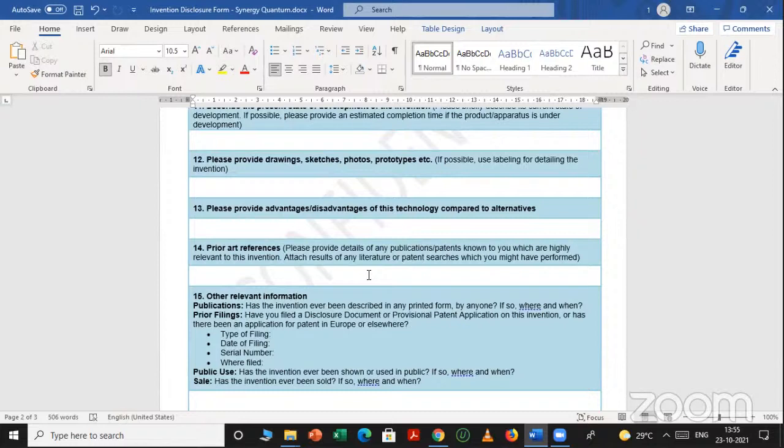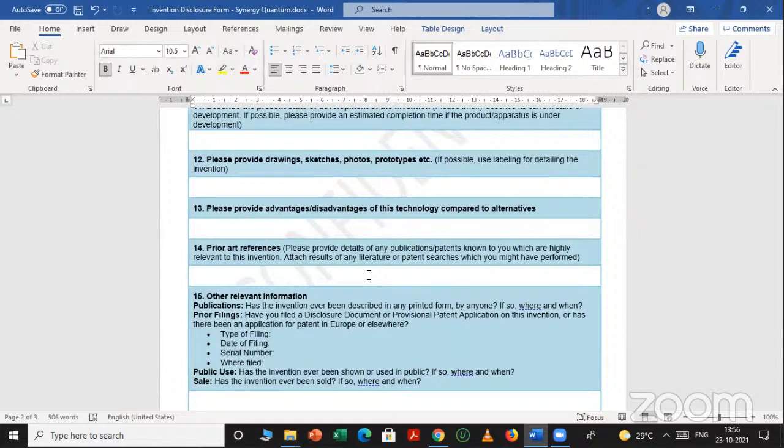You have to also mention the disadvantages of your technology, and always mention your disadvantage relative to a contemporary technology, your competitor's product, or any other contemporary research, because this is going to help the attorney write your advantages in a much better way in the patent document.